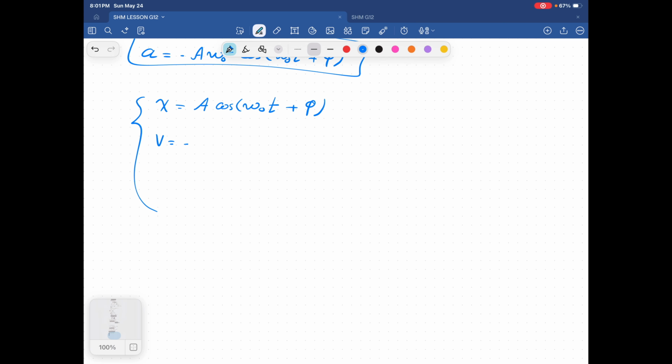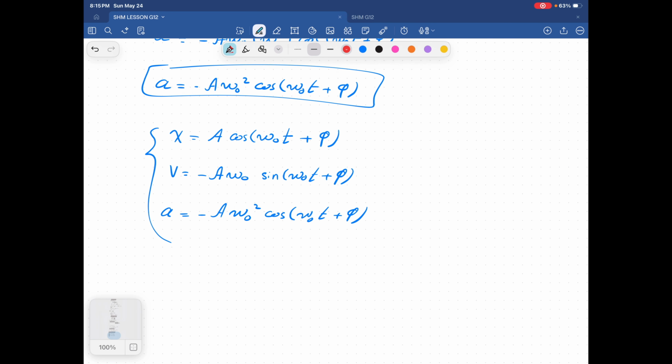V would be minus a w0 sine(w0t plus phi), and the acceleration would be minus a w0 squared cosine(w0t plus phi).